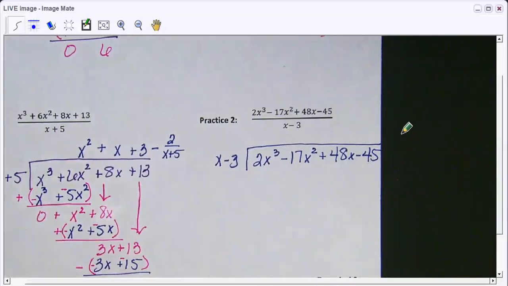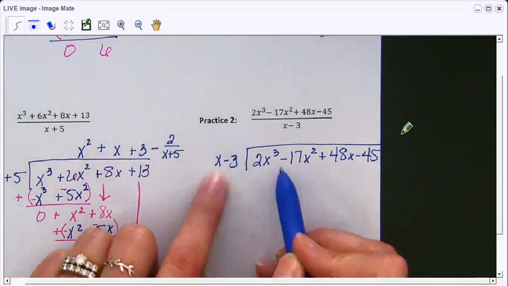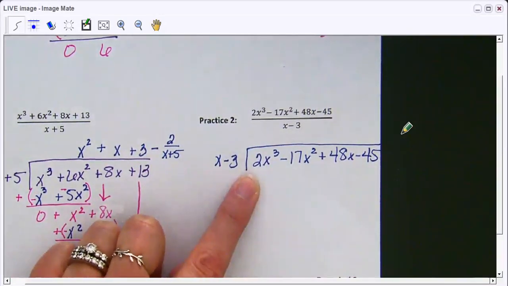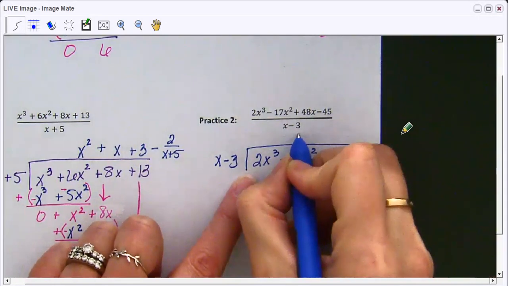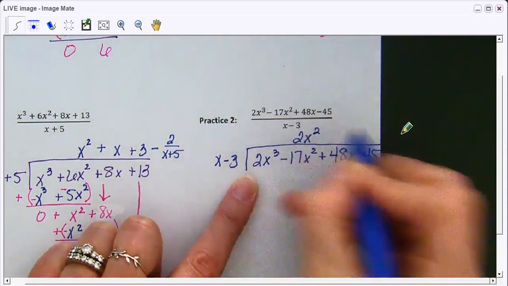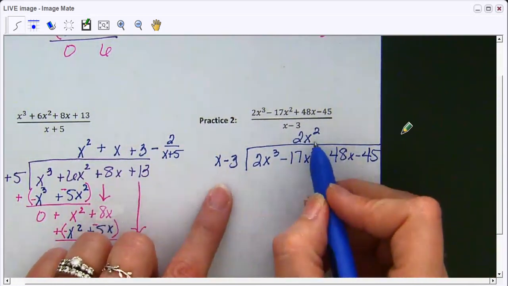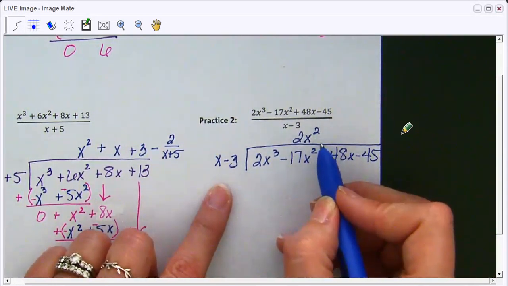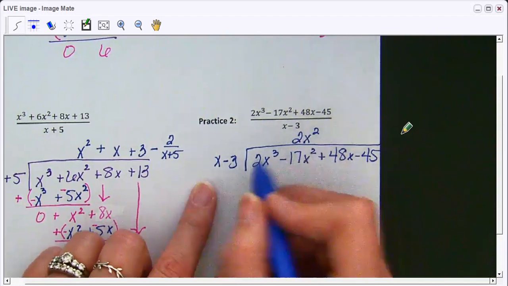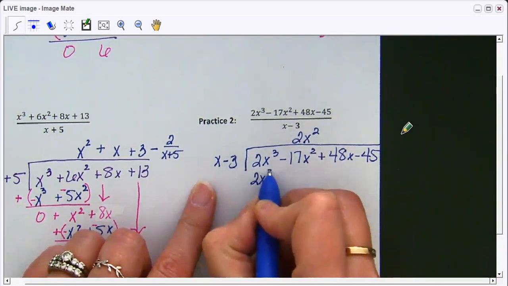Okay, so in this one, x goes into 2x cubed. How many times? 2x squared. Yes, 2x squared. So then 2x squared times x is 2x cubed.